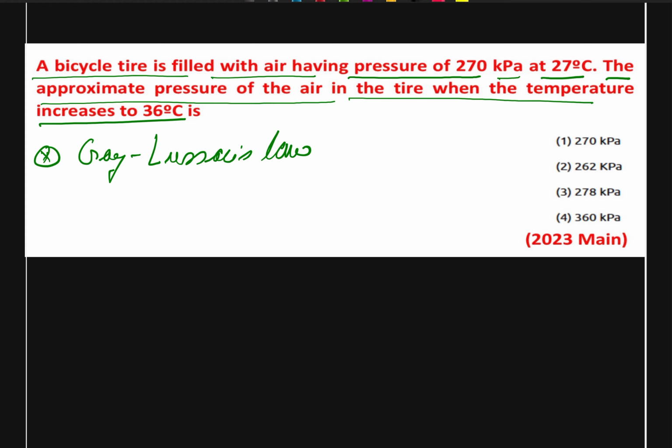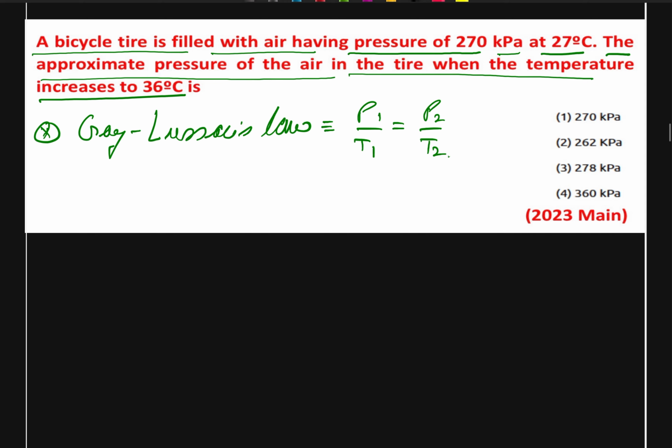Which gives us that P1 upon T1 is equal to P2 upon T2, and we are supposed to find out P2. Therefore we can say P2 will be equal to P1 times T2 upon T1.